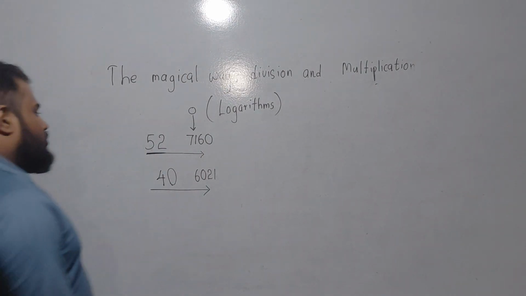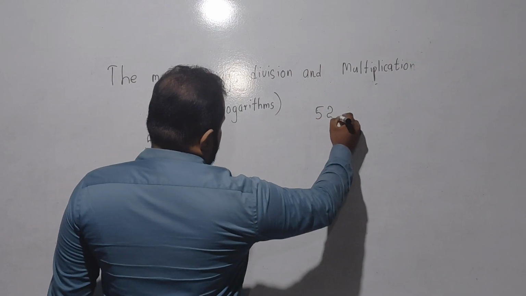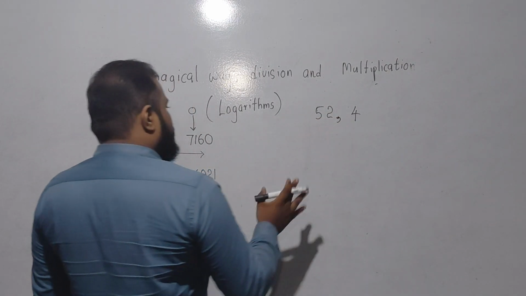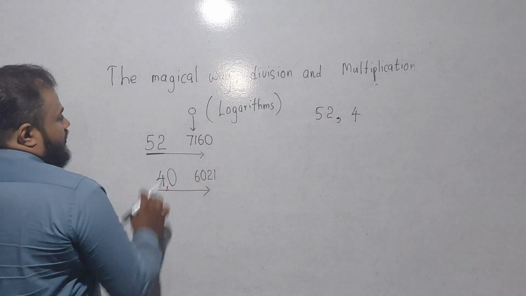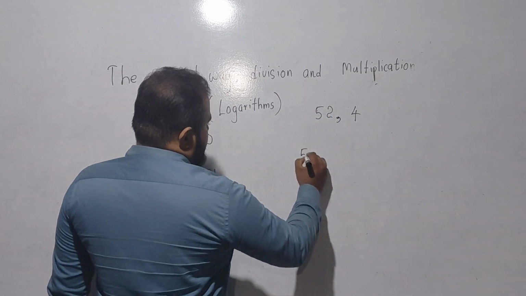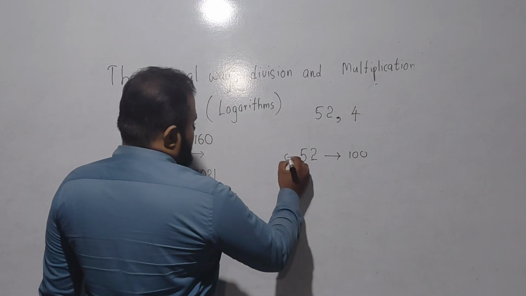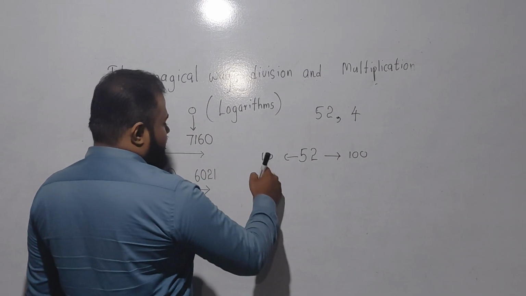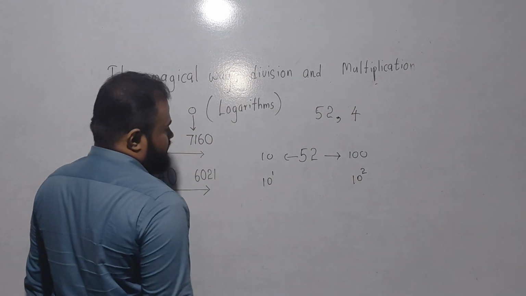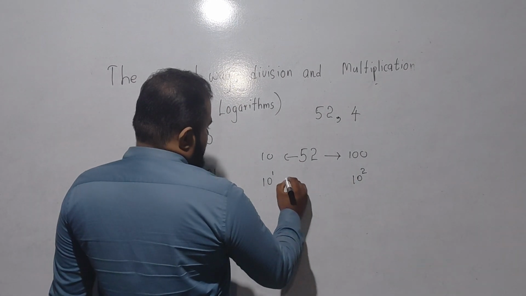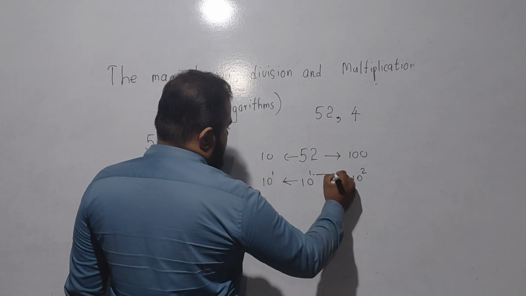Now as I said before, I need 52 and 4. Now how to define this is 52 and this is 4 using this mantissa? When we take this 52, it is between 100 and 10. 10 is 10 to the power 1. 100 is 10 to the power 2. So 52's log value should be 10 to the power 1 point some value.